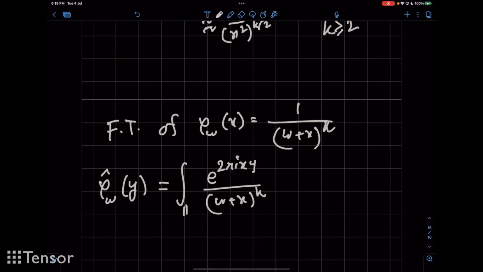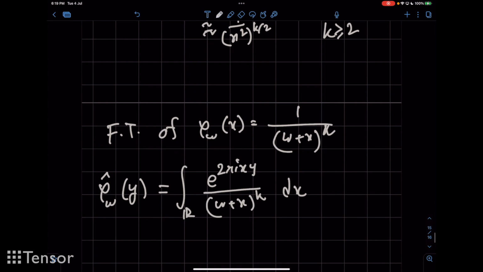And this is an integral over the whole real line. And we are now going to use the residue theorem to compute this integral. Yeah, it's dx. It's dx because y is a free variable right here.